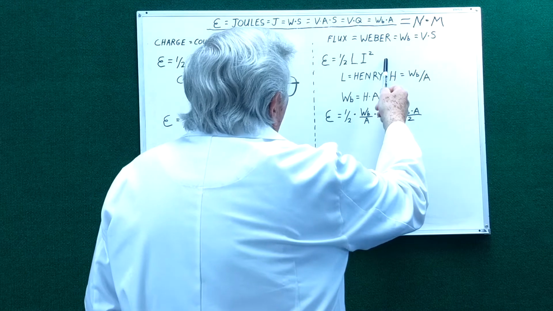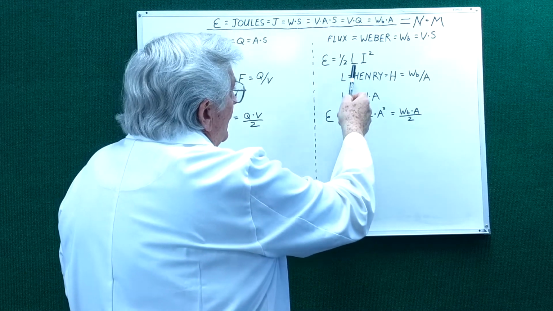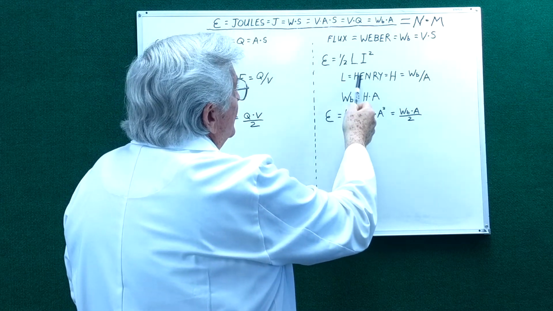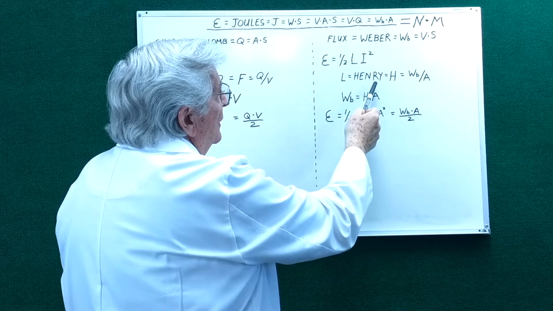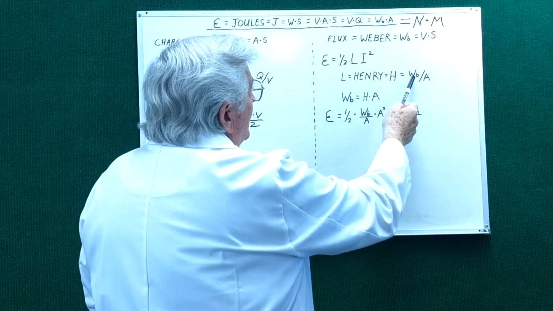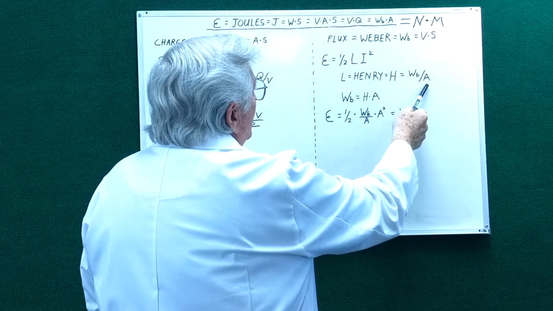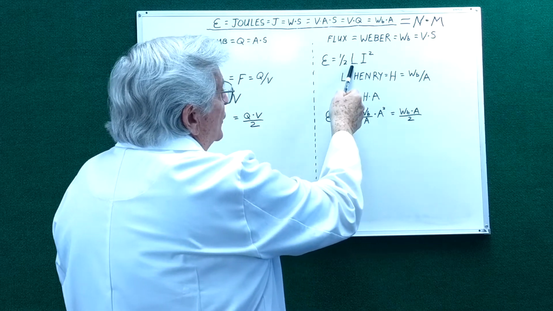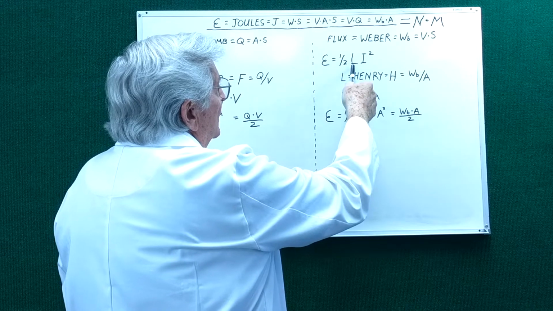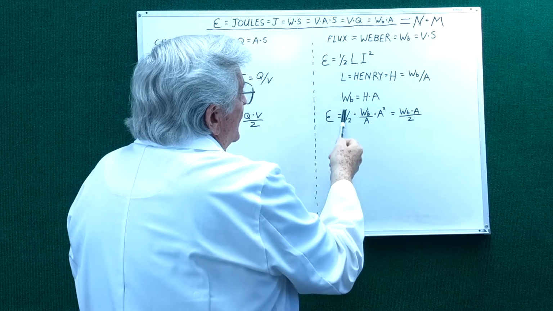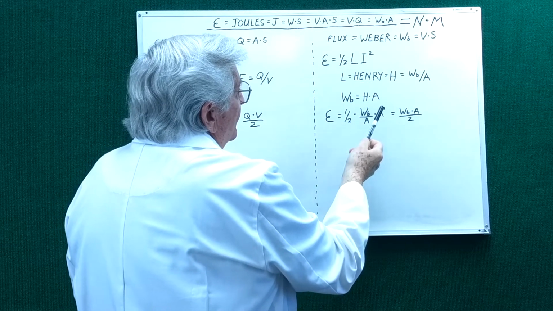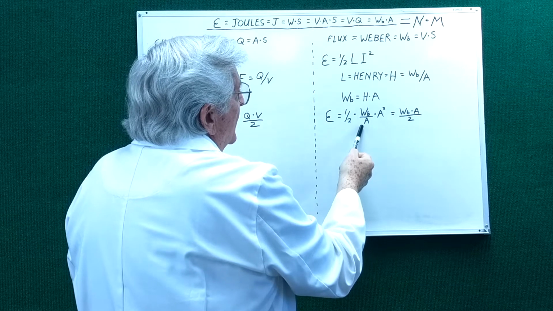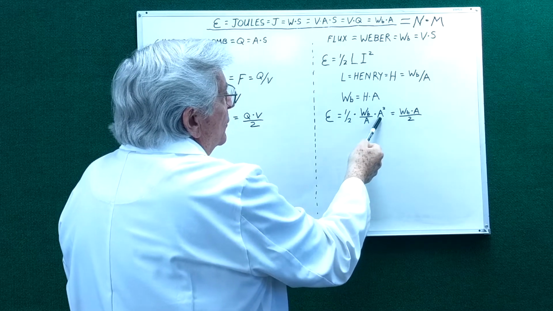Now over here, we have henries in this equation, which is a weber per amp. So we can stick that in this equation in place of L, and we have energy is 1/2 of a weber per amp times amp squared.